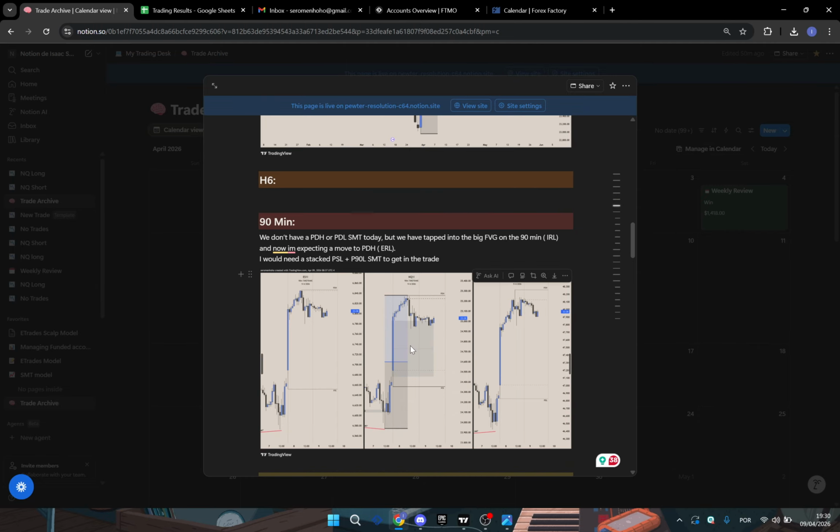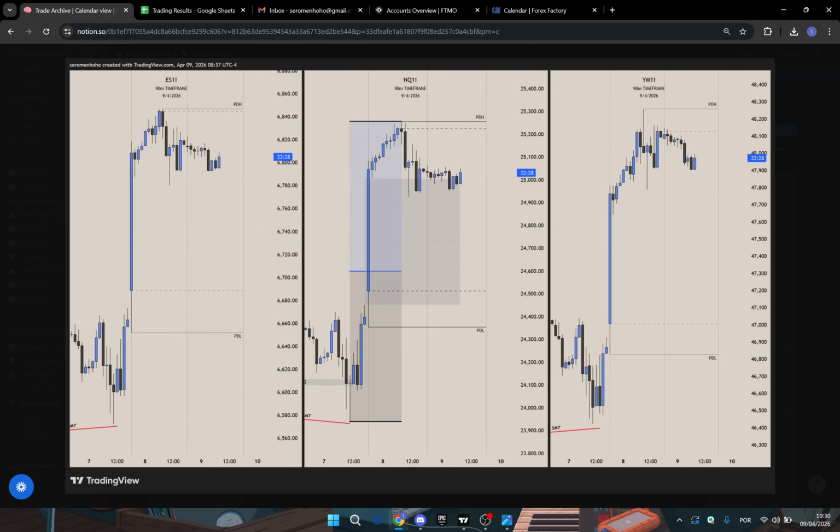Then we can go to the intermediate term time frame, the 90-minute. This is the bullish range. And as you can see, we don't have any previous day high or previous day low SMT. But with yesterday's move, we have now come back down, tapped into this big inefficiency right here.